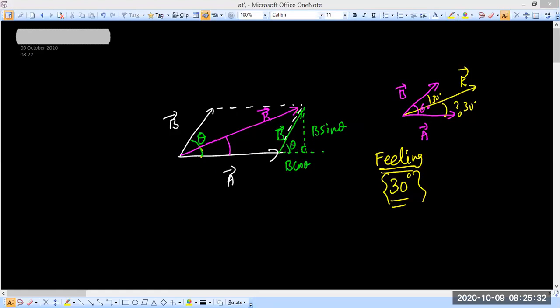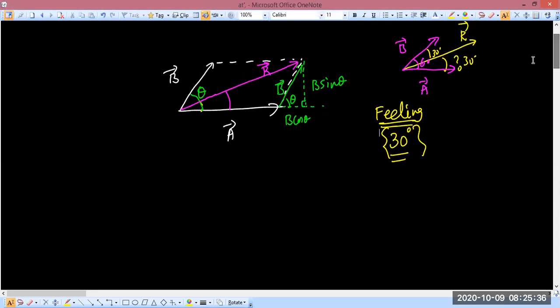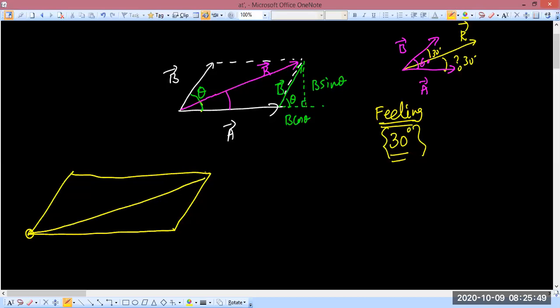Let me make all of you recall a property of parallelogram that your teachers in 10th or 9th would have tried hard to explain. Here is the property. If you draw a parallelogram and you draw a diagonal, then is it necessary that these angles are equal? Are you sure that these angles are equal?